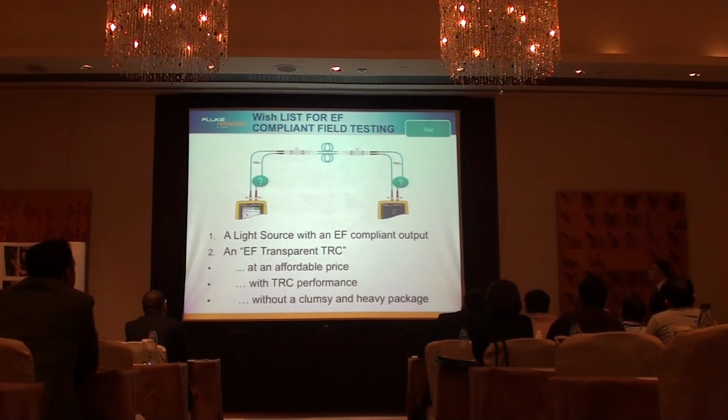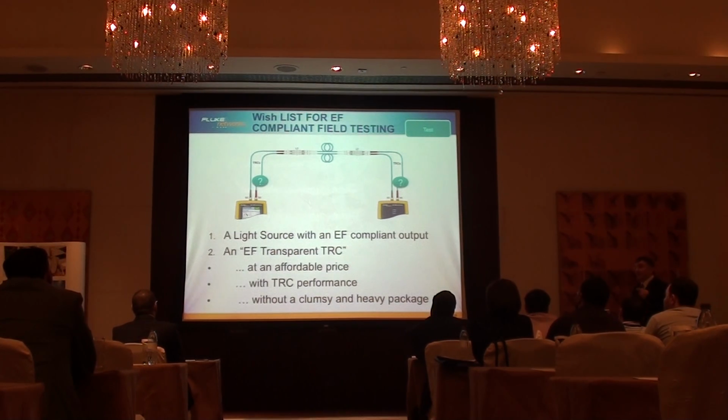Now, a wish list would typically be to have an EF transparent test reference cord, at an affordable price, with test reference cord performance. So the cord is EF compliant, the cord is affordable, and it has the same performance that is required for TRC, and it shouldn't be clumsy, and it should be interchangeable.